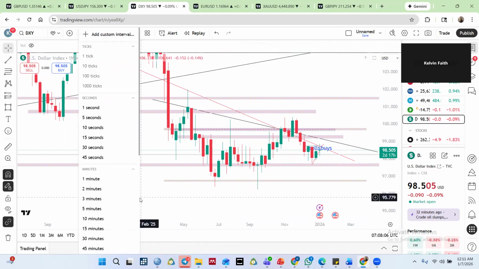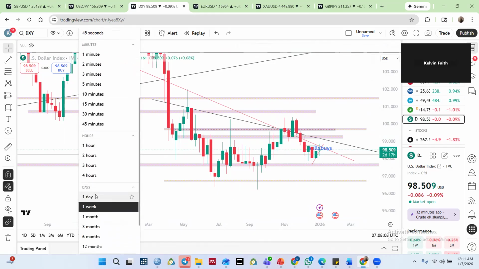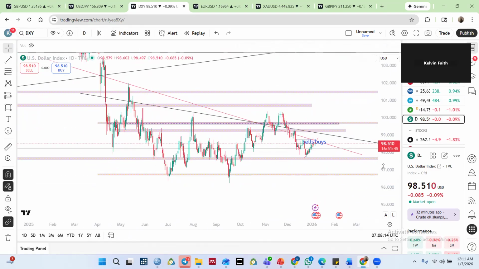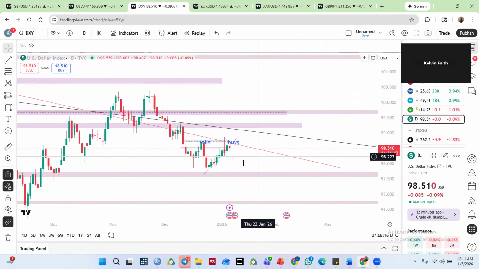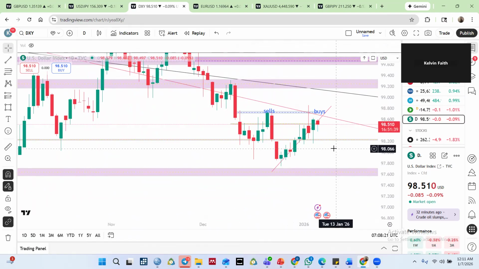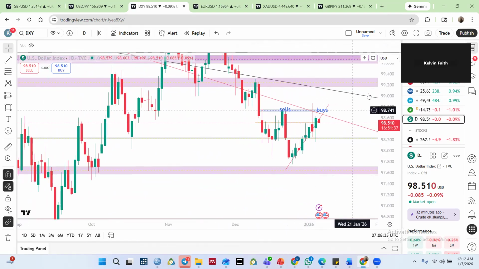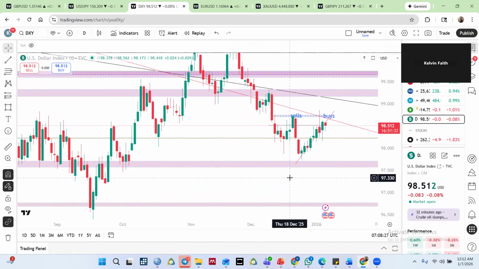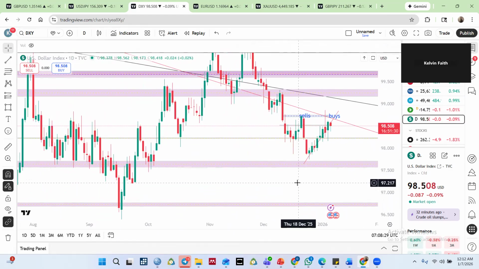And this DXY is very important to study, because if we are able to get a direction of the DXY, that is going to tell us a lot about what GBP USD is going to do and what Euro USD is going to do. So understanding the DXY would go a long way to help us take trades on Euro USD, even USDJPY, because USDJPY has a positive correlation with the DXY.